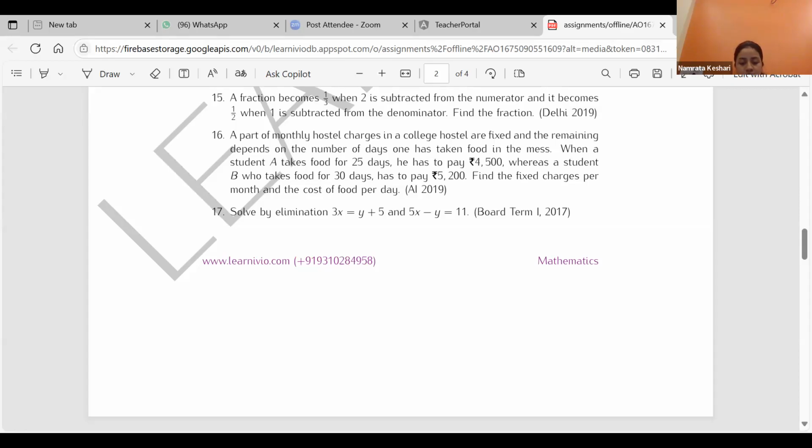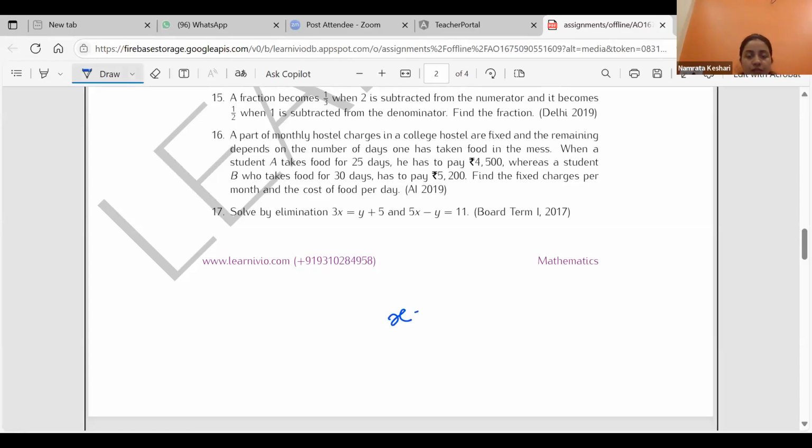Ma'am, we can take X as the fixed part, and 25Y as the variable part, and we add it with X. So X plus 25Y equals 4,500. Can we say that? Yeah, we can say that.